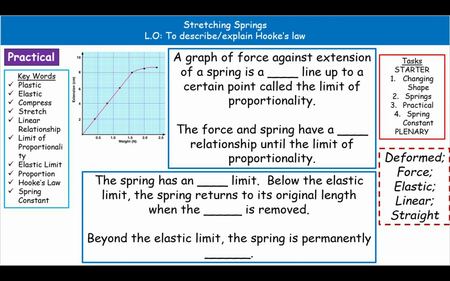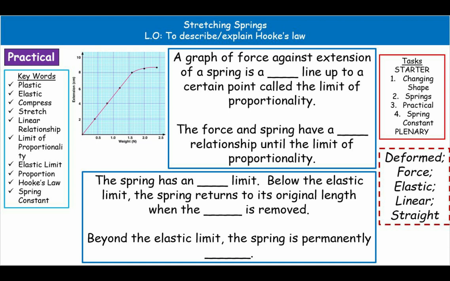But going a bit further than that, what we actually have is a linear relationship because we've got a straight line there. So what we know is that if we increase the weight by a fixed amount, so if we go up every 0.2 newtons for example, then the extension will also increase by a fixed amount. Hence why it's a linear relationship we've got there.